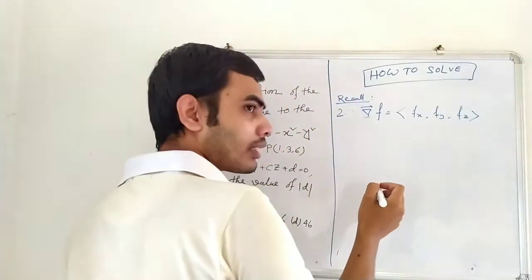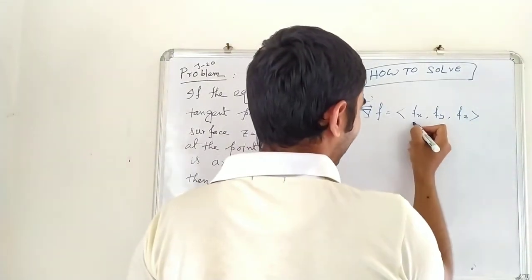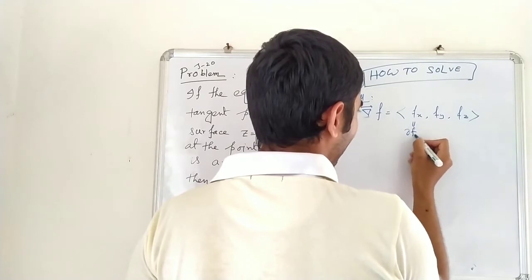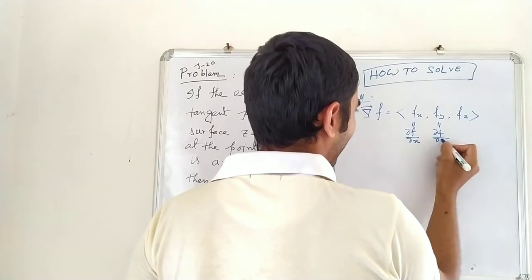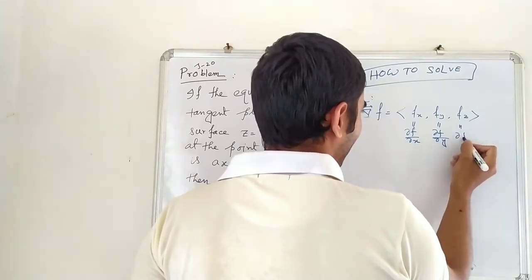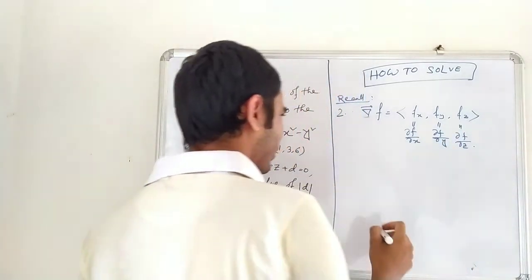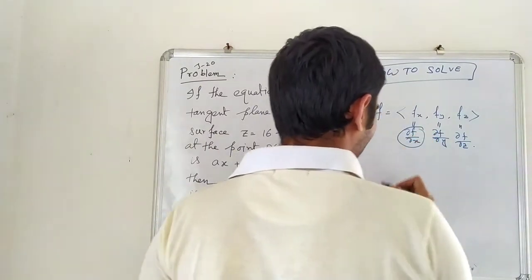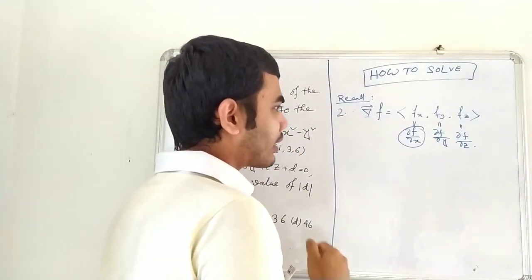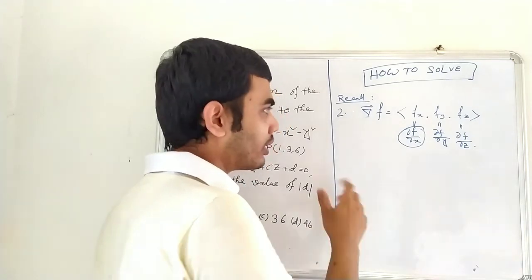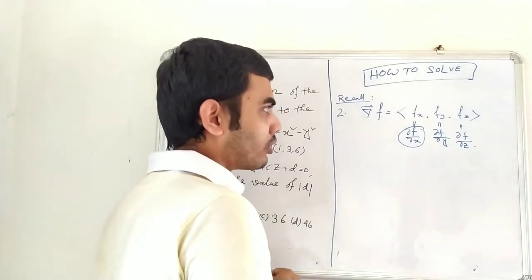And what are fx, fy and fz? They are equal to del f del x, del f del y and del f del z. Clear? So what is del f del x? We take the partial derivative of the function f along the x direction, and here we treat y and z as constant.